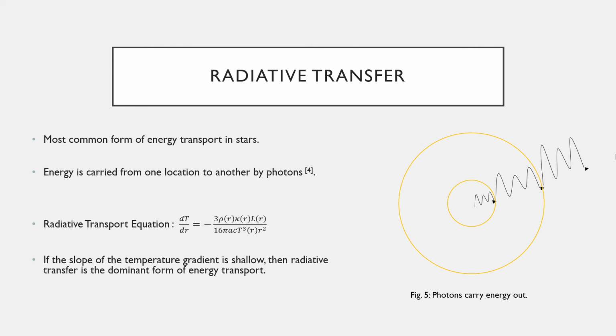In the diagram, we can see that photons can carry out energy from the core of the star. If the slope of the radiative transport equation is shallow, then radiative transport remains dominant. We can also refer to the radiative transport equation as the temperature gradient.